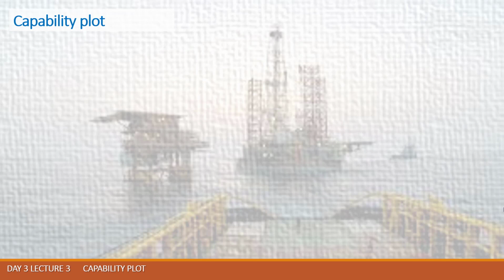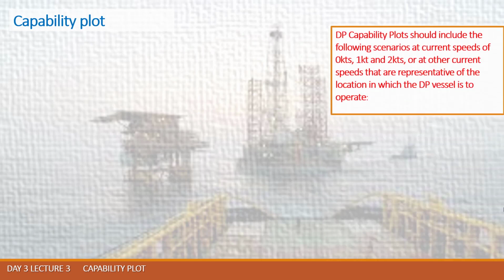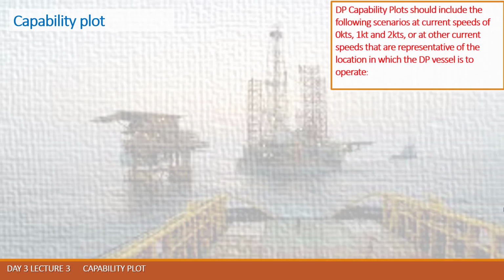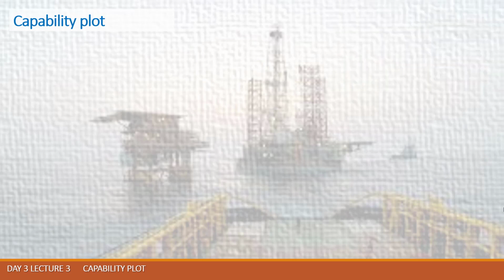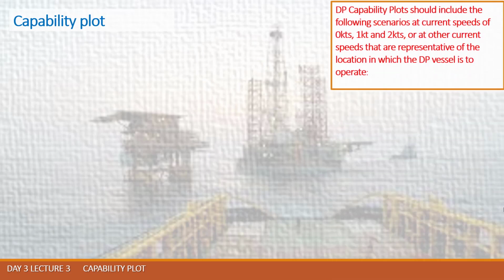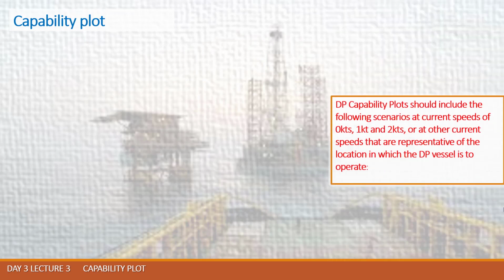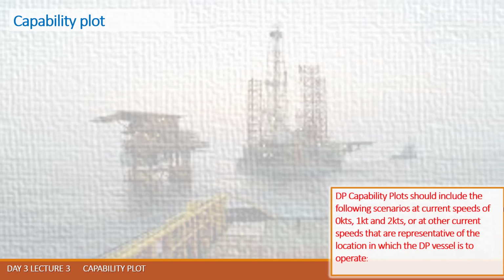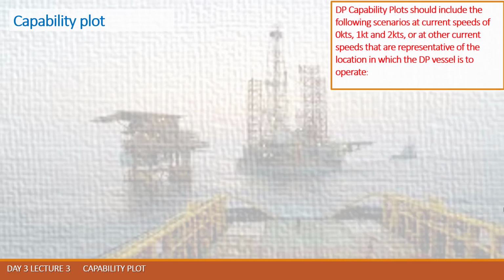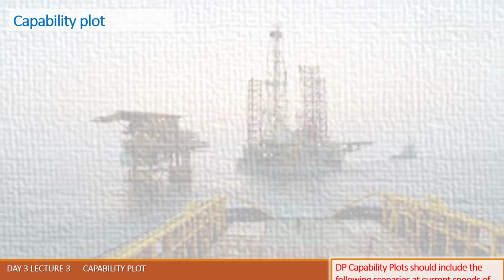These plots should show the limiting wind speed 360-degree envelopes for the scenarios below, where each point on the envelope represents the wind speed at which it is calculated that the vessel will be unable to maintain position in DP. DP capability plots should include the following scenarios at current speeds of 0 knots, 1 knot, and 2 knots, or at other current speeds that are representative of the location in which the DP vessel is to operate.